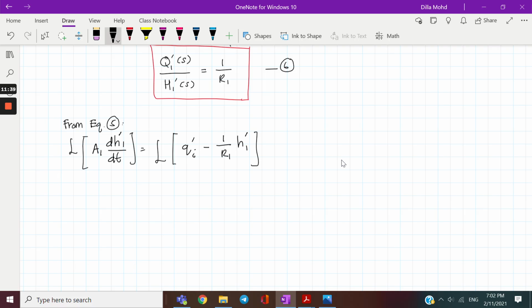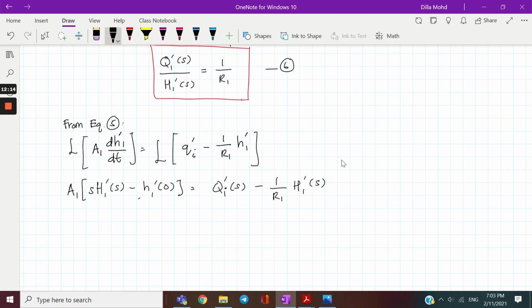The left hand side is your derivative. For the derivative, what you have is sH1 prime of s minus H1 prime at 0. The right hand side is just an algebraic expression: Qi prime of s minus 1 over R1 times H1 prime.